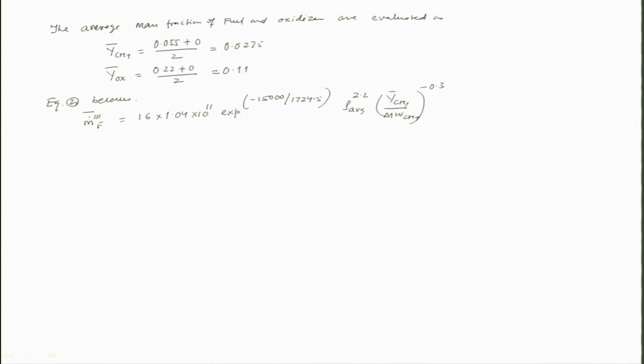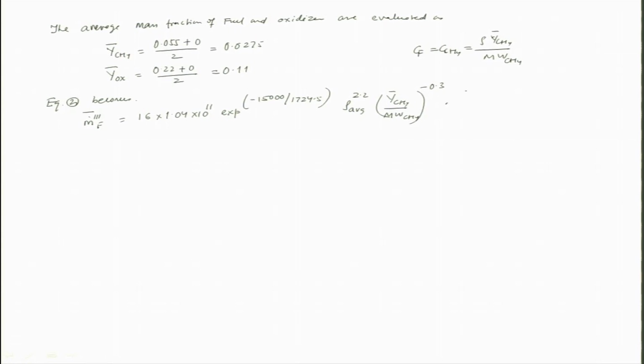Keep in mind that we are substituting C F equal to C CH4 equal to rho Y CH4 average divided by the molecular weight of CH4. In place of concentration I have taken rho, because rho is the average quantity coming.